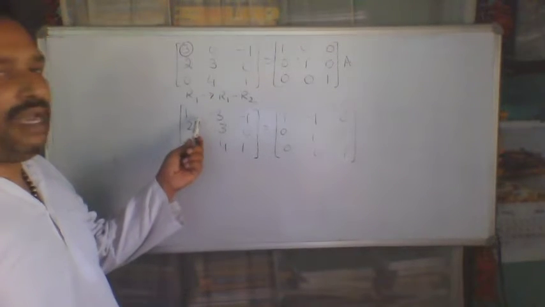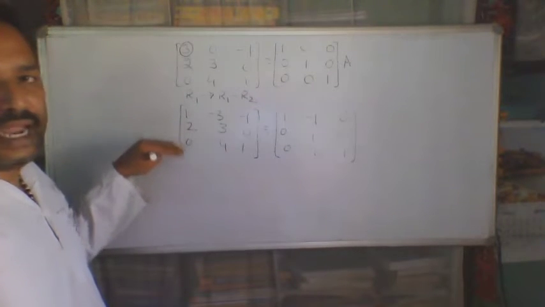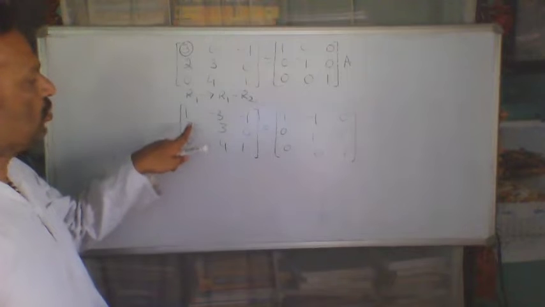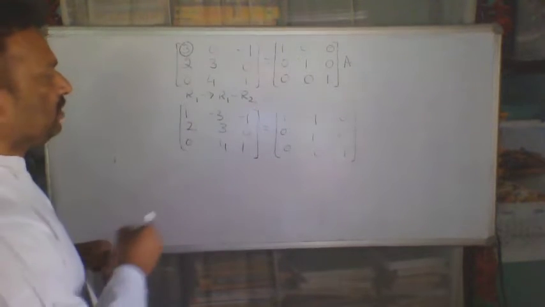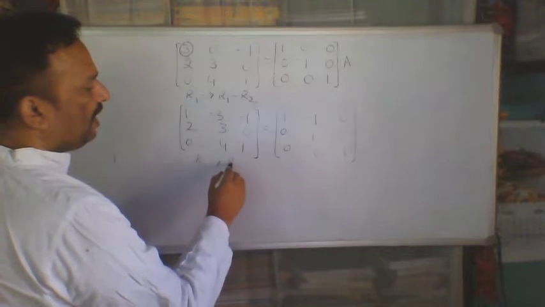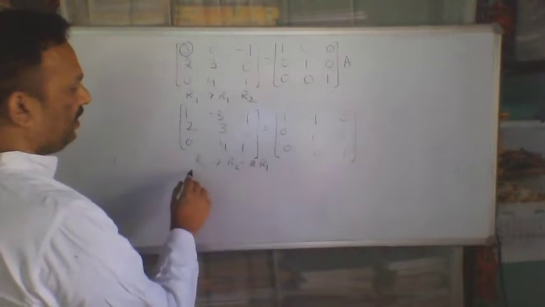Now our key element is 1. With the help of this key element, we make the other elements of the first column 0. The third one is already 0. To make the second one 0, let us operate R2 is such that R2 minus twice R1.